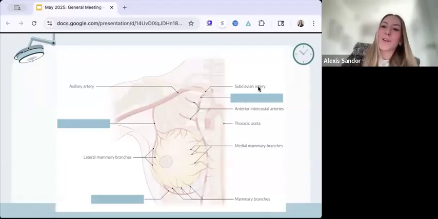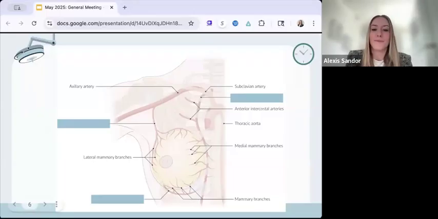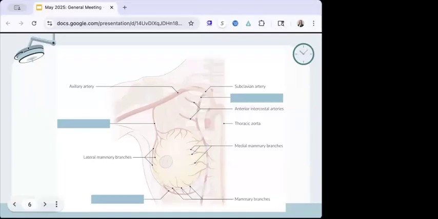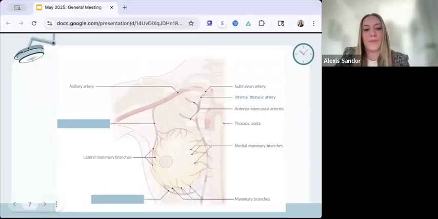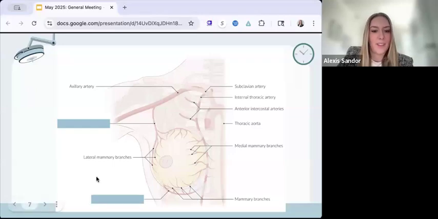All right, guys. What about this one over on the far right-hand corner on the top? Is it the internal thoracic? Internal thoracic. Let's see. That's correct. Awesome job. All right. Going down. This one under the axillary artery. What is that one? Someone in the chat saying lateral thoracic.